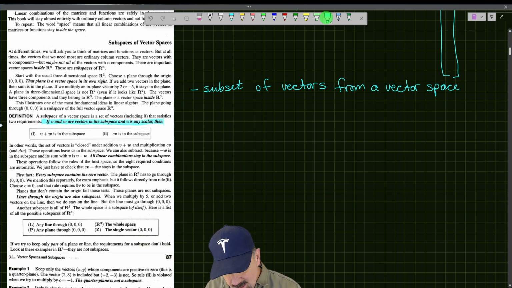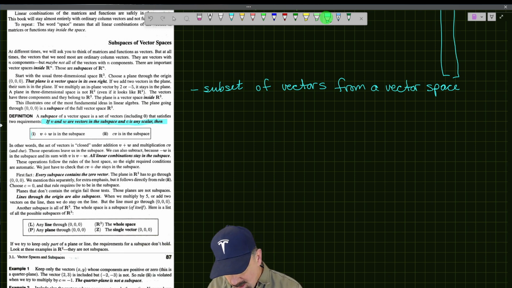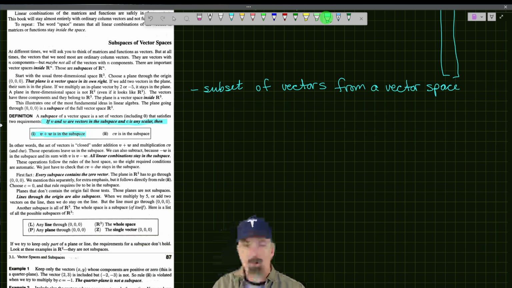If I have vectors in the subspace and I have two scalars that are doing the multiplication, then I look for closure under vector addition and closure under scalar multiplication. As long as I satisfy those two properties, then my subset is automatically a subspace. And he goes on a little bit more, talks about some of the important facts.